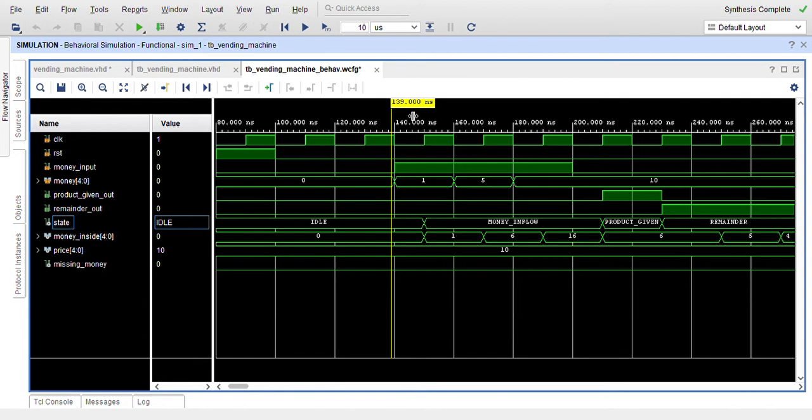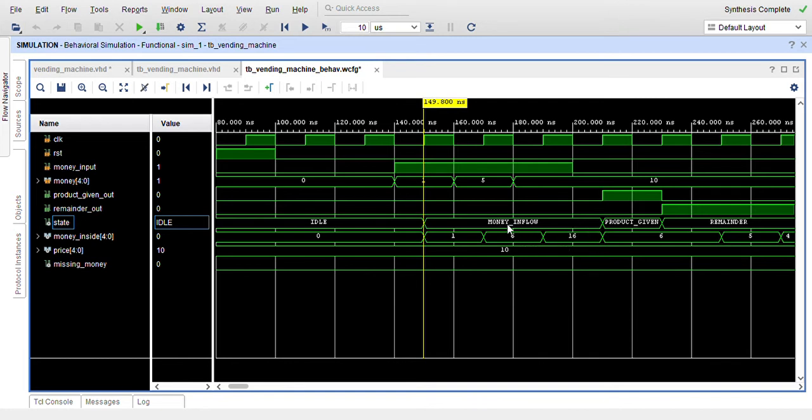Here, money input is equal to 1. At the next rising edge, our state will be changed, and we are now at the money inflow state.